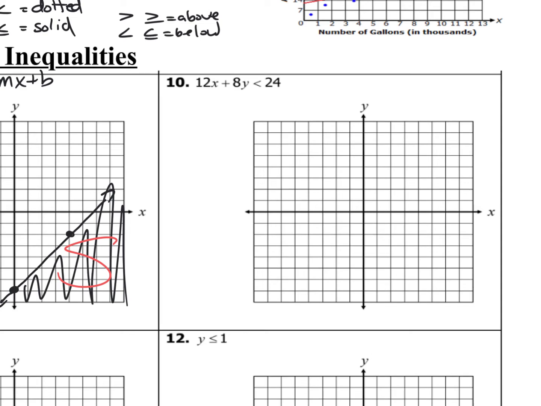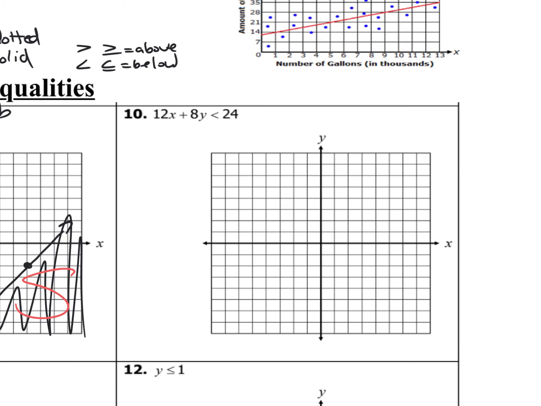All right, number 10, solve for y. So subtract 12x. 8y is less than negative 12x plus 24. Divide by 8.